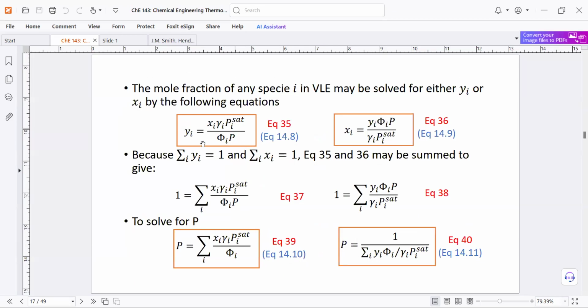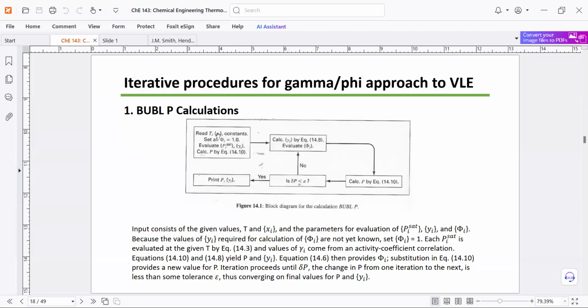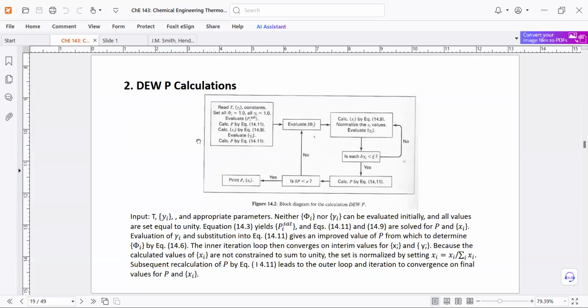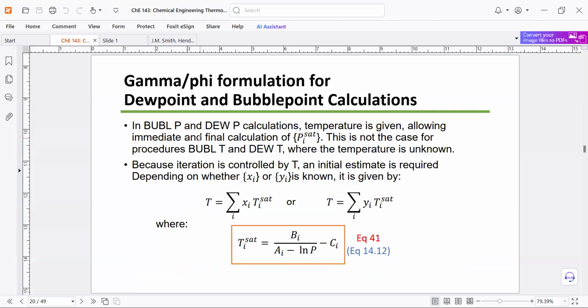We presented equations based on the gamma phi formulation, and then we presented algorithms in order to solve bubble P and dew P, bubble T and dew T calculations.